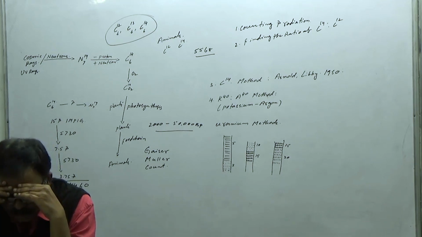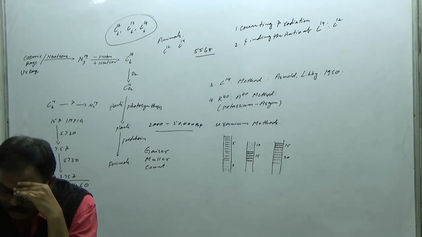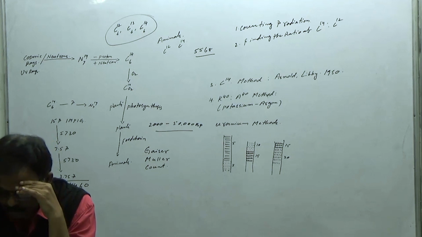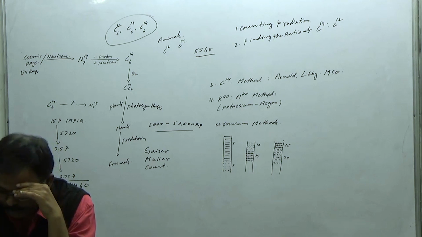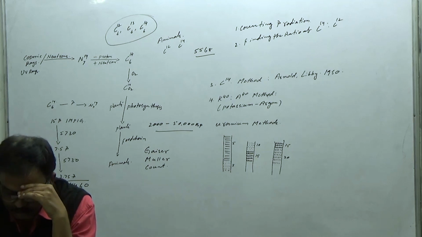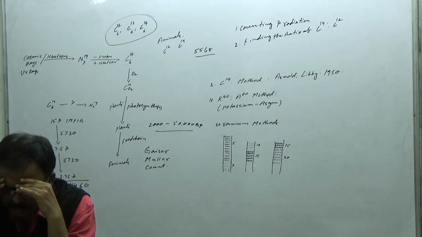When an animal dies, C14 loses radioactivity at a uniform rate and converts into C12 at a fixed rate.